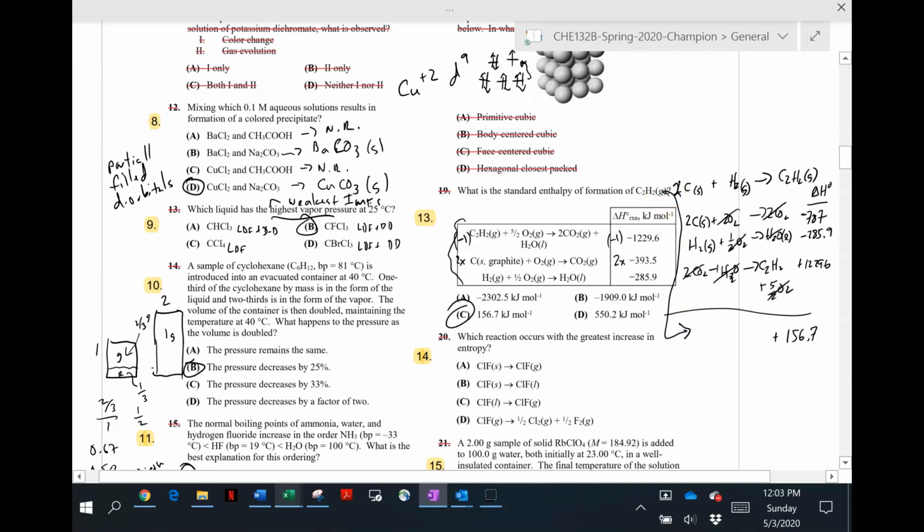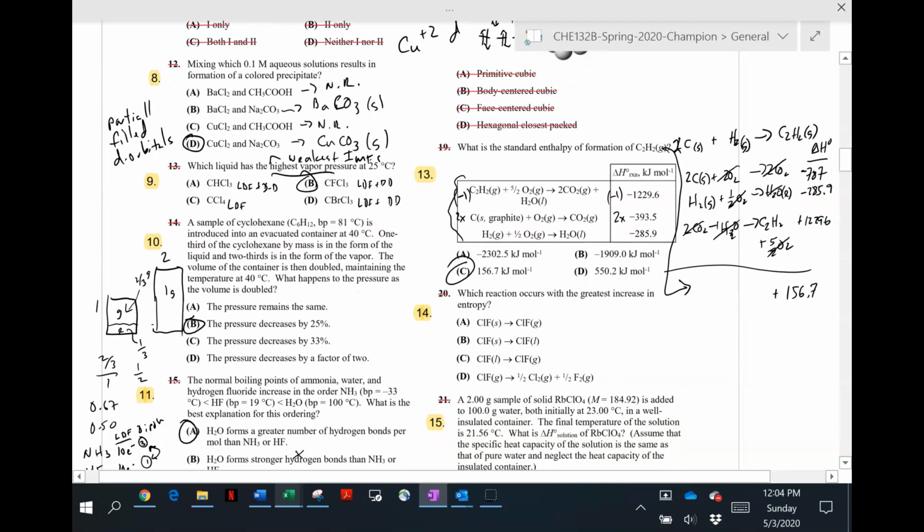Okay, now we're looking at number 14 here, the new numbers. We're looking at the entropy increase, and so we're estimating entropy. We usually look at the change in the moles of gas, right? So delta S is approximately equal to the change in the moles of gas, which is the sum of the moles of gas for the products minus the sum of the moles of gas for the reactants.